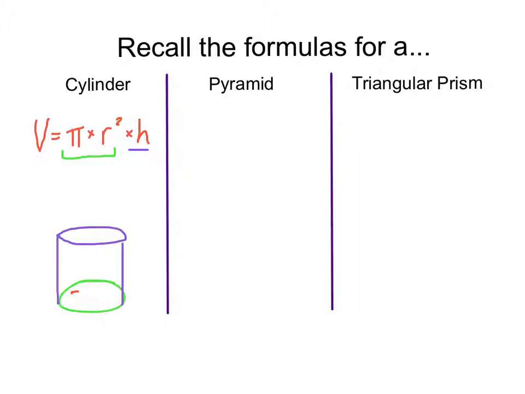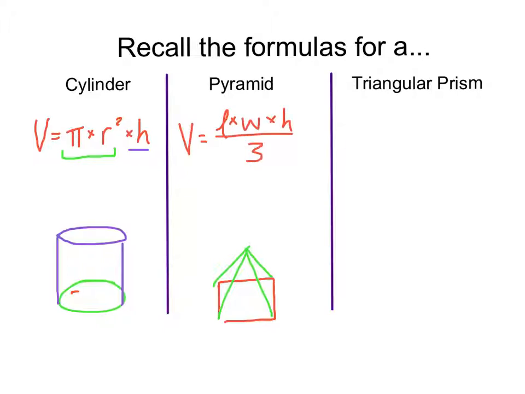Next, we have a pyramid. We can kind of think about this the same way. Remember, pyramids have that rectangular base, and then they form these triangles, similar to a cone, which helps me remember that it's a third. The formula for the pyramid is the volume equals the length times the width times our height divided by 3.